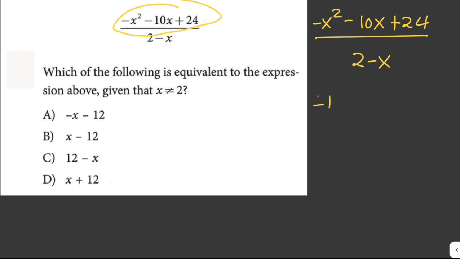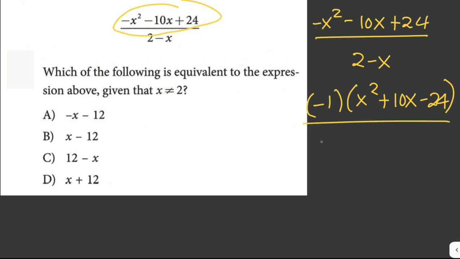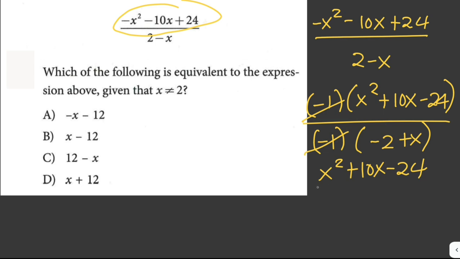So we put negative 1 outside the numerator: x squared plus 10x minus 24. And negative 1 here too, then we have negative 2 plus x. Then we cancel out negative 1. So we have x squared plus 10x minus 24 over x minus 2.